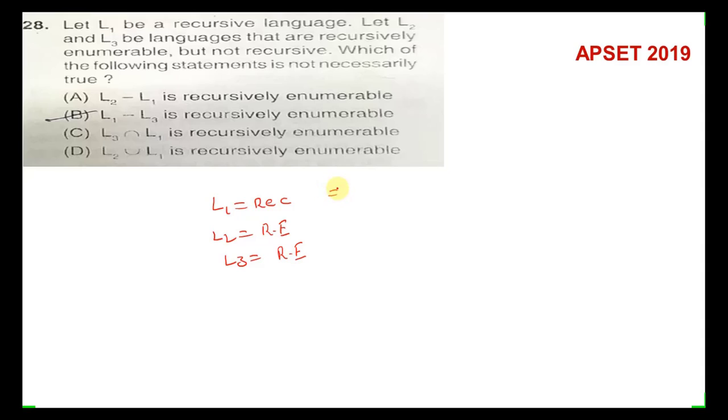See the first option, L2 minus L1 is recursively enumerable. For this we have to write what L2 is: L2 is recursively enumerable, minus L1, which is a recursive language. We can write this as recursively enumerable intersection recursive complement.